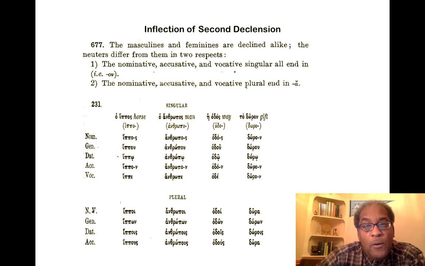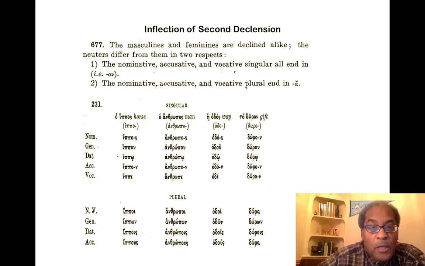Okay, so away from the abstract chart, let's look at these examples of typical second declension words. So we have ho hippos: hippos, hippou, hippo, hippon, hippe, o hippe, hippoi, hippon, hippois, hippous.